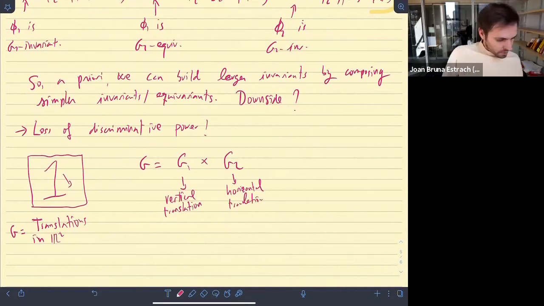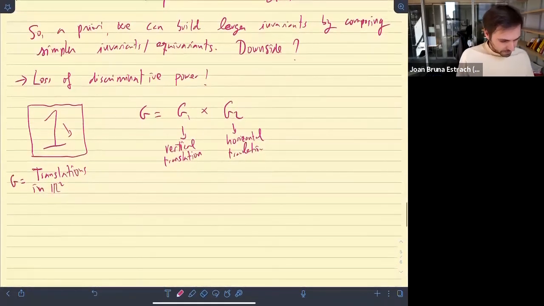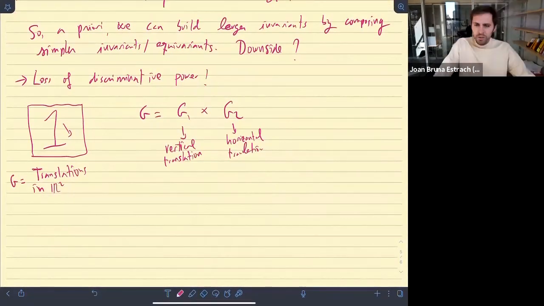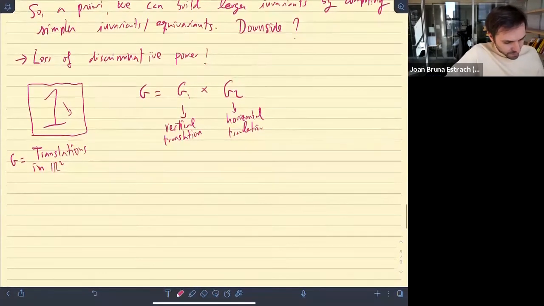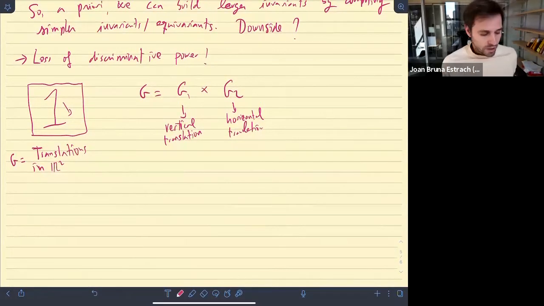Okay, so now you see where this is going. I could take a model, a representation that looks at the horizontal translation and treats it separately from the vertical translation.